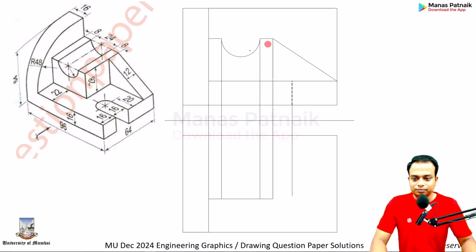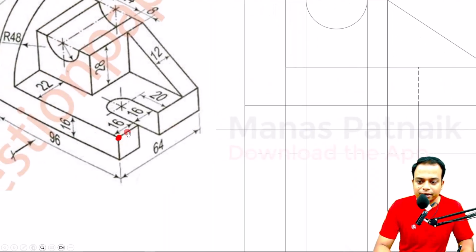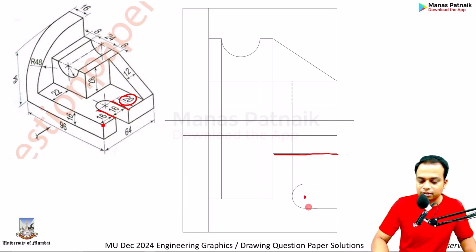Now, as far as this very portion is concerned, from over here, what we can do is we can simply make a point at a distance of 16, and then from here, again make a point at a distance of 16. Let's do it. And this edge. 16 and 16. How far? Sir, this is 20. 20, 20, and then you can take the center and make the semicircle.